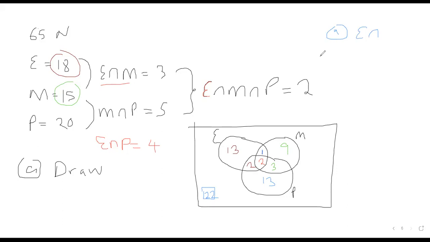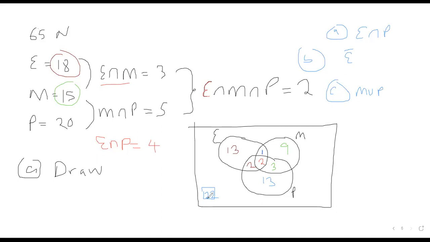Give me E complement. For C, give me M union P. That is 3.